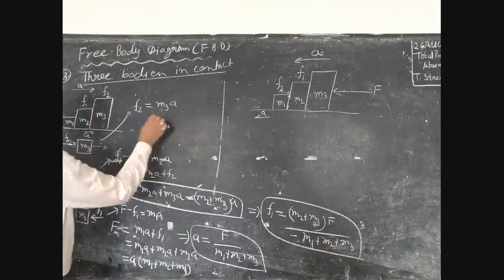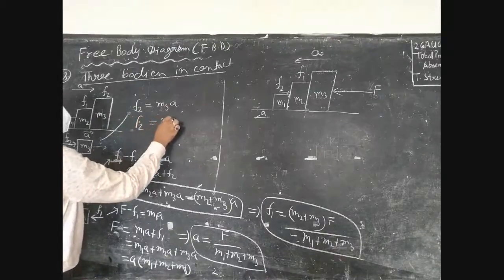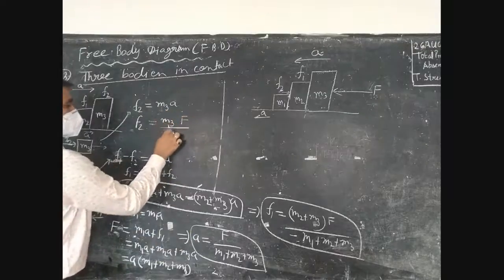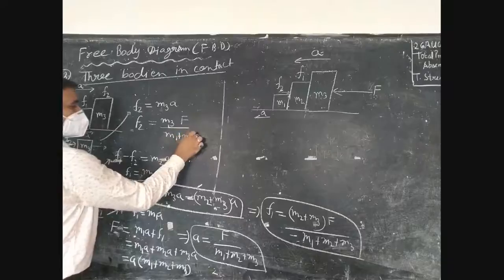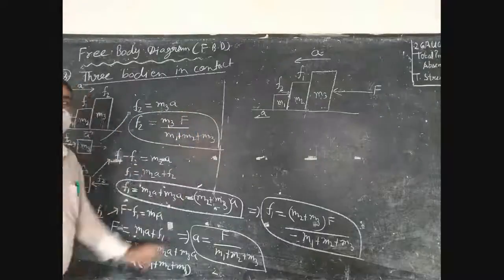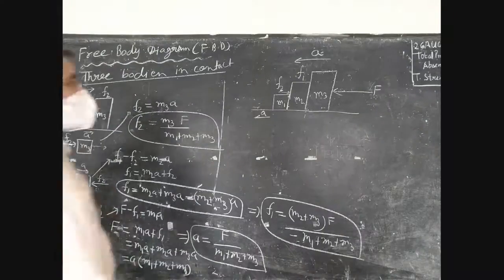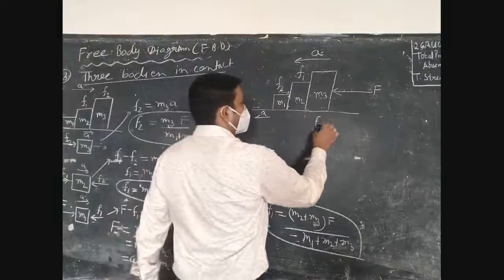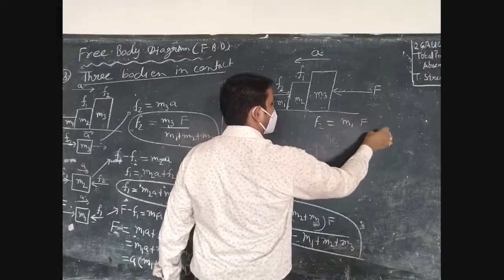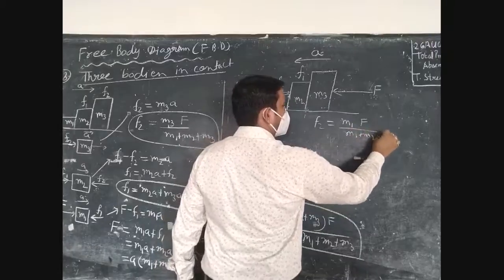Now the second opposing force is here. This F2 is how much? So M3 and value of A. Solve for this and you will get F2 equal to M3 F upon M1 M2 M3.